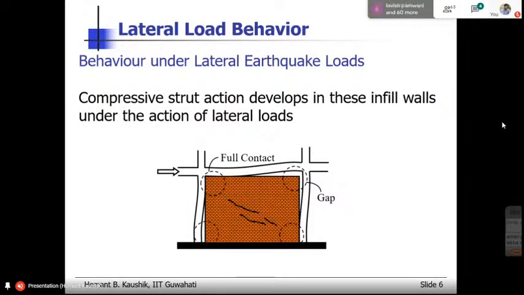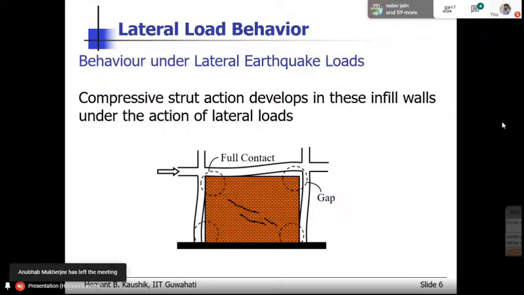So this is how the masonry infill and RC frame behave when subjected to lateral loading. The frame is of course very flexible. When we apply the lateral load, the frame will try to deform in a flexural mode.